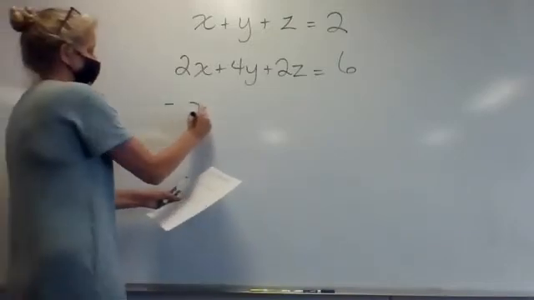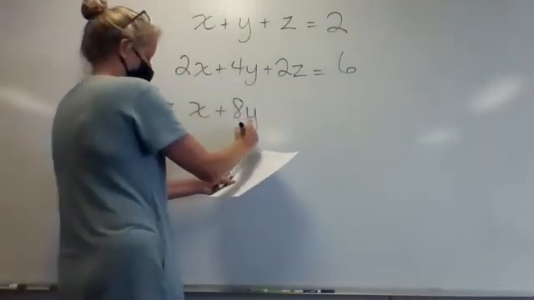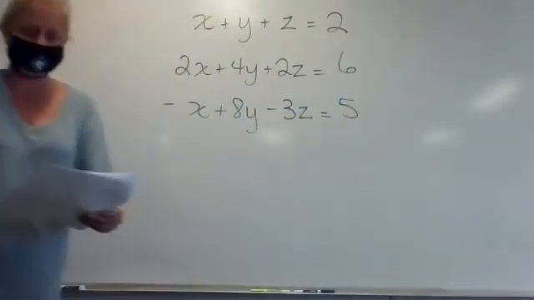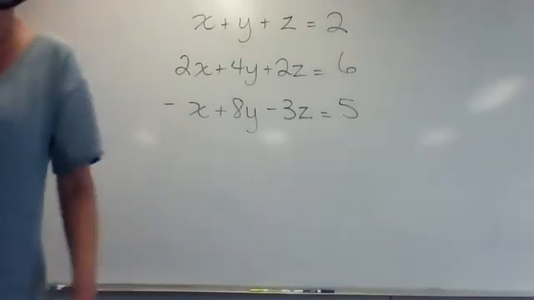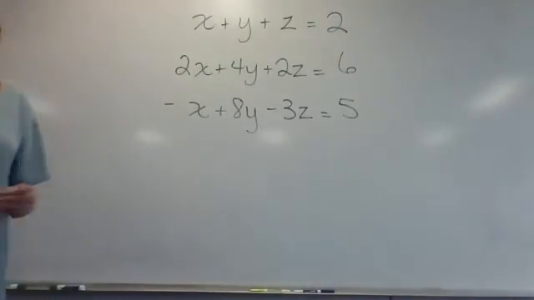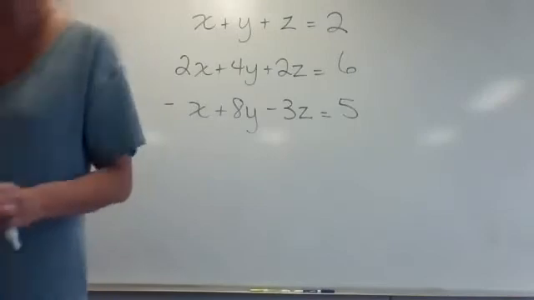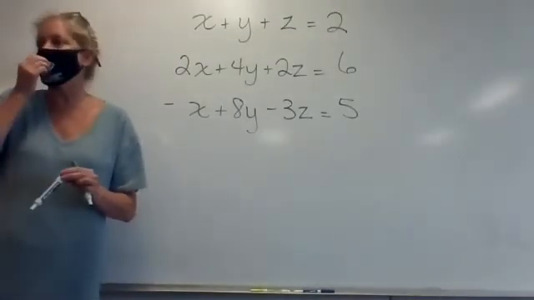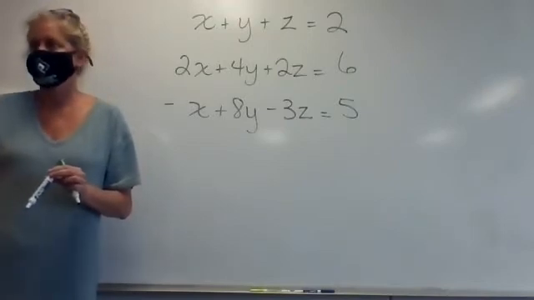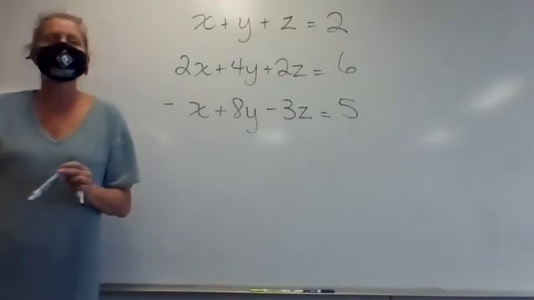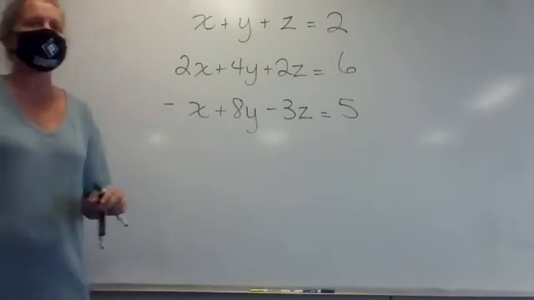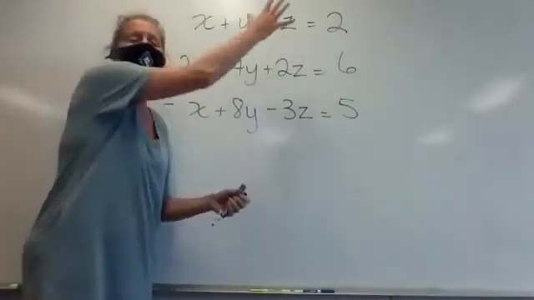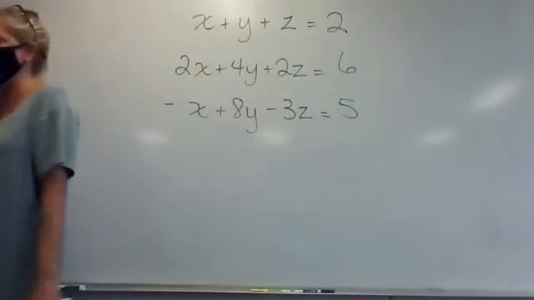Negative x plus 8y minus 3z equals 5. So we're just going to have bigger matrices. It's still the same process. It's just that I'm going to be able to use my matrix function in my calculator and find the x, the y, and the z that fit all 3 of those equations.